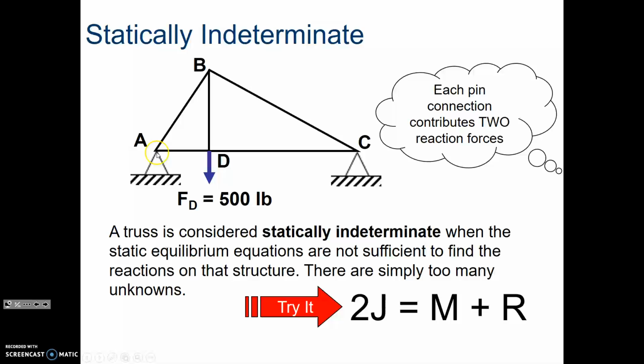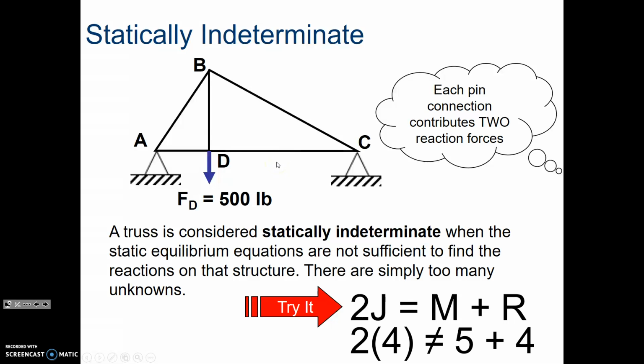But then you have a number of joints: 1, 2, 3, 4. So this truss is considered statically indeterminate because the number of joints is 2 times 4, that's 8. But by having 4 reaction forces and then 5 members, that's 9.